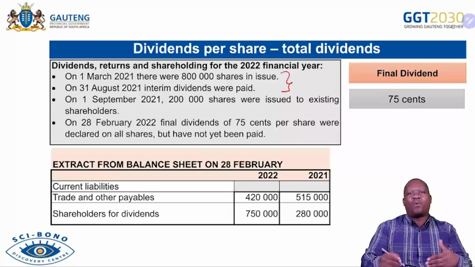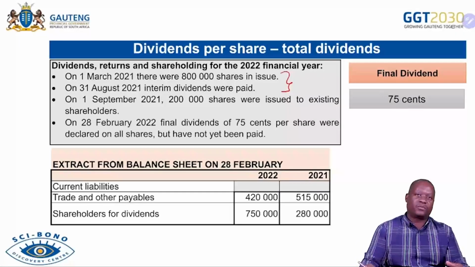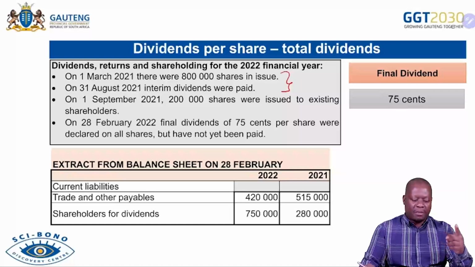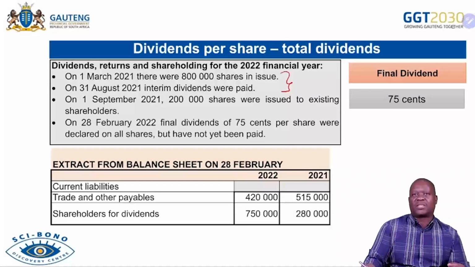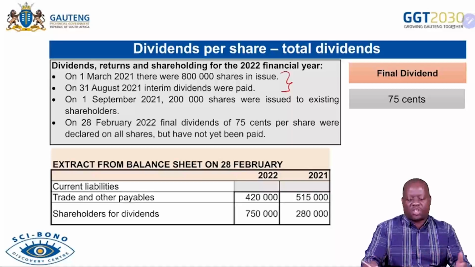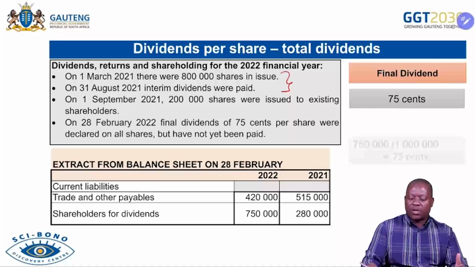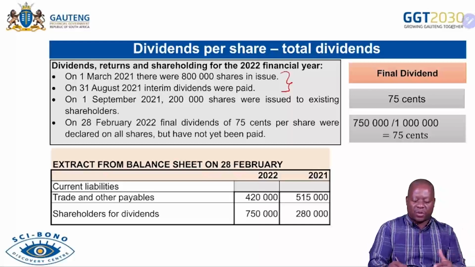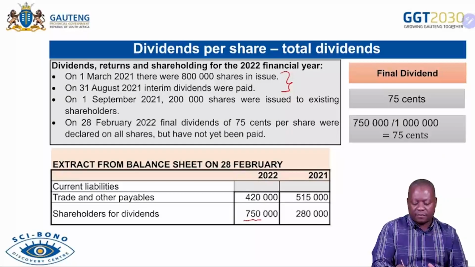So we need to know how many shares are in issue now. Remember the 800,000 that we had when we started the year, plus the 200,000 that was issued on 1 September. So we now have 1 million shares in issue. So to find the dividends, it's simply 750,000, which is the final dividend. There, highlighted here.